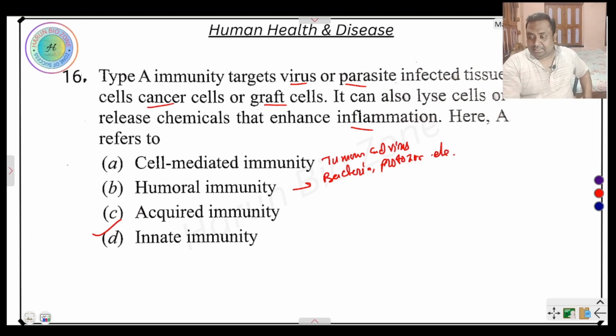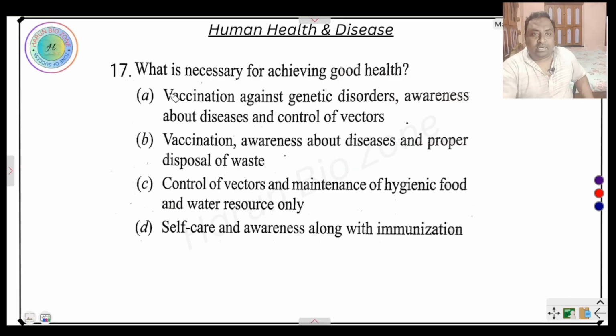Next question is, what is necessary for achieving good health? Which one is necessary? Vaccination against genetic disorder. Against genetic disorder, no vaccination has been invented. Genetic disorder means thalassemia, leukemia, hemophilia, color blindness, sickle cell anemia, etc. Awareness about disease and control of vectors.